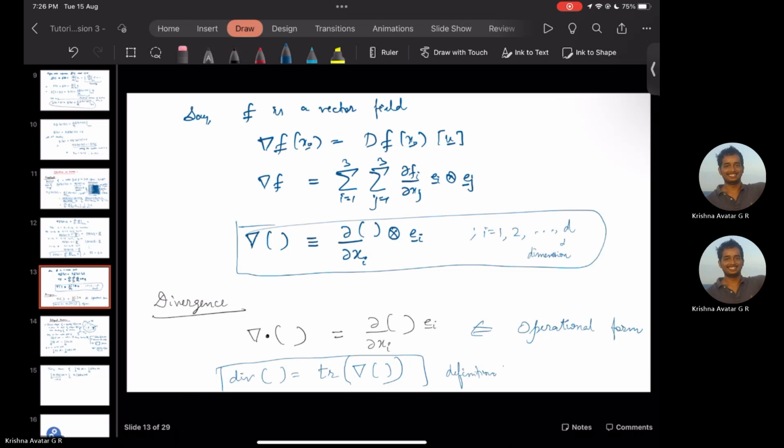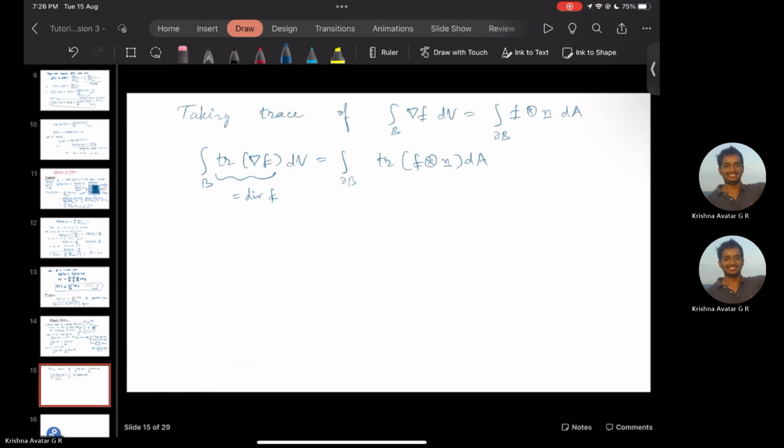The divergence is equal to the trace of grad. And the second property is that the trace of a tensor product of two vectors is nothing but the dot product of the vectors. So this means that the integral over B of the divergence of F dV is nothing but the integral over parcel B of F dot n vector dA.